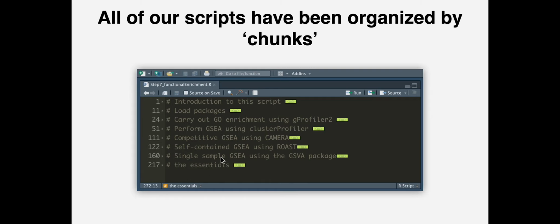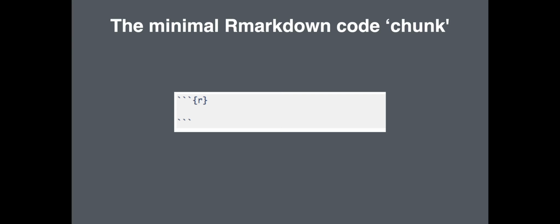So any of these code chunks could be adapted to an R Markdown code chunk, but we're going to focus on using the essentials since that strips away a lot of the didactic, demonstrative code that we used and really just uses the code that we need to make the different objects or graphics for the course. But in general, any of these could be used to make an R Markdown code chunk.